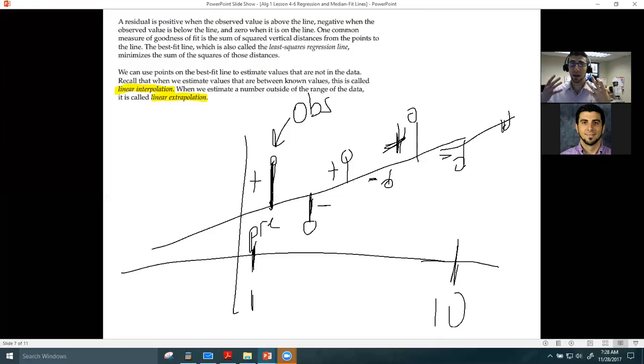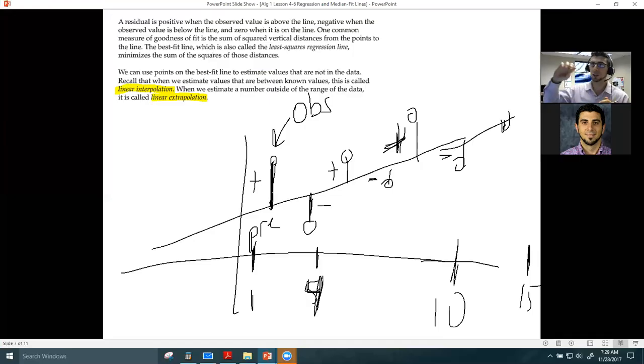If I use the equation of my line to figure out what it would be at, let's say, 4, that would be linear interpolation because 4 is between 1 and 10. That's somewhere in the original set of data. But if I go out here to say 15, off the graph, that's not between 1 and 10. That's not between the numbers of the original set of data. Therefore, that's called linear extrapolation.